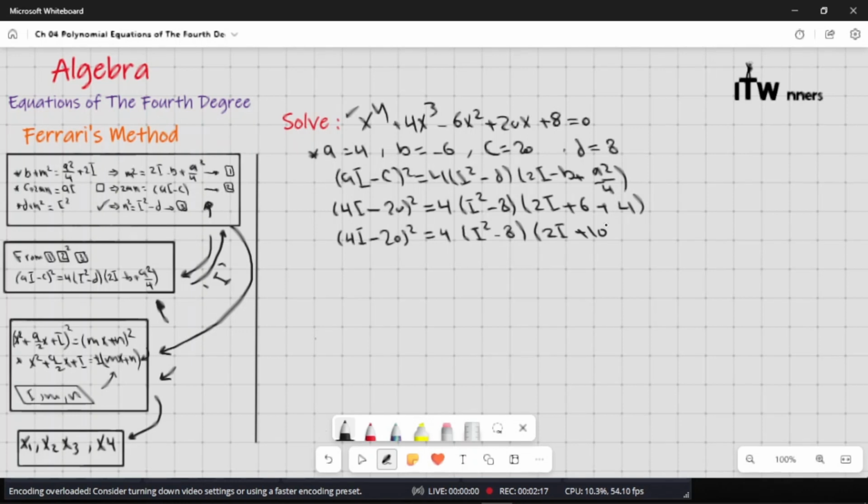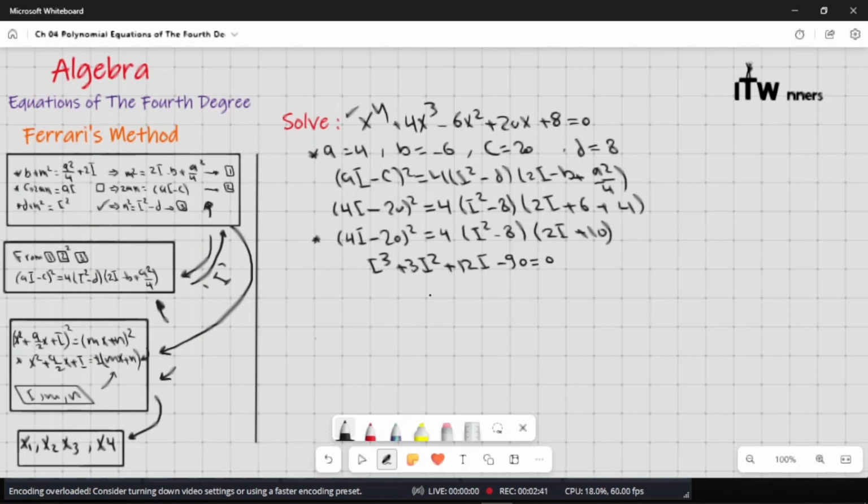Okay, by performing this multiplication we will obtain i cubed plus 3i squared plus 12i minus 90 equal to 0.